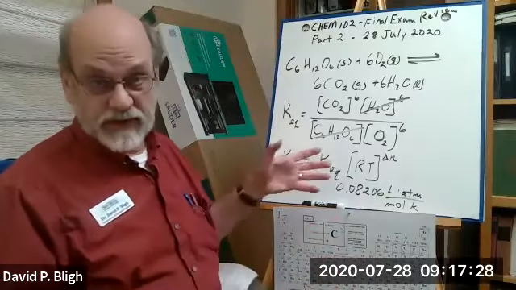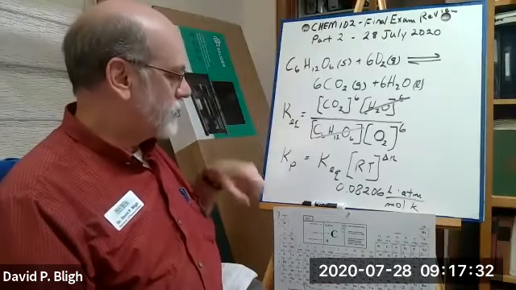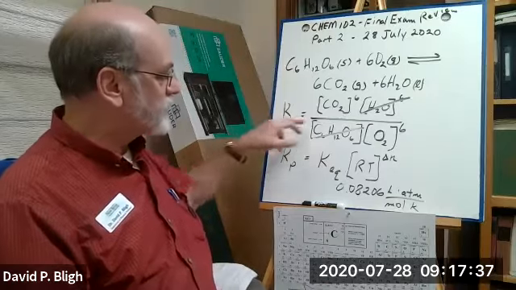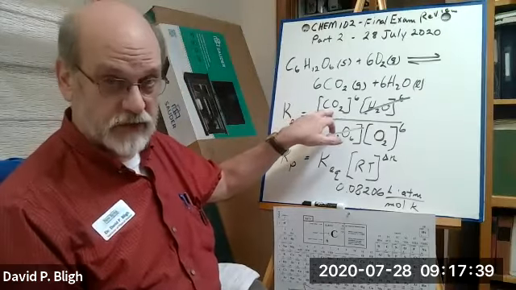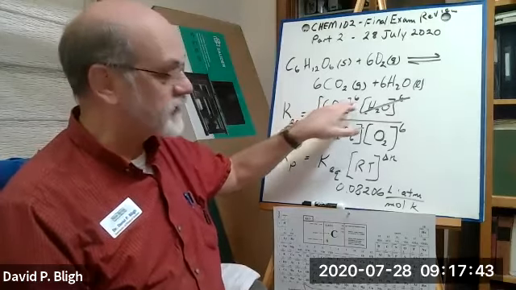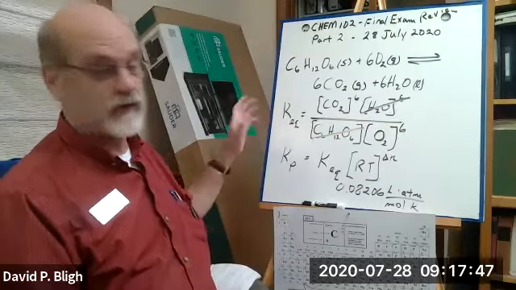But if we look at this one and ask what the units would be, if we were speaking in terms of Kp and used partial pressures, that would be in atmospheres to the 6th power divided by atmospheres to the 6th power. The K would be a dimensionless number in this case.